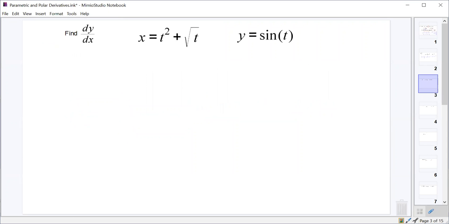Let's do another one. What's dy dt? Cosine t. Cosine t. And what's dx dt? 2t plus 1 over 2 root t.